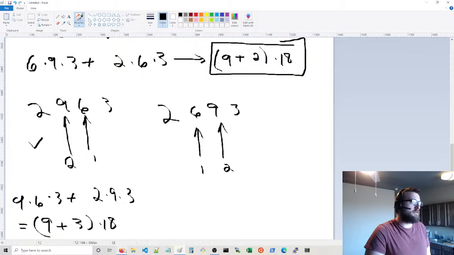As opposed to all the other choices, which were, if you pick the left or the right side, they're suboptimal to start with.